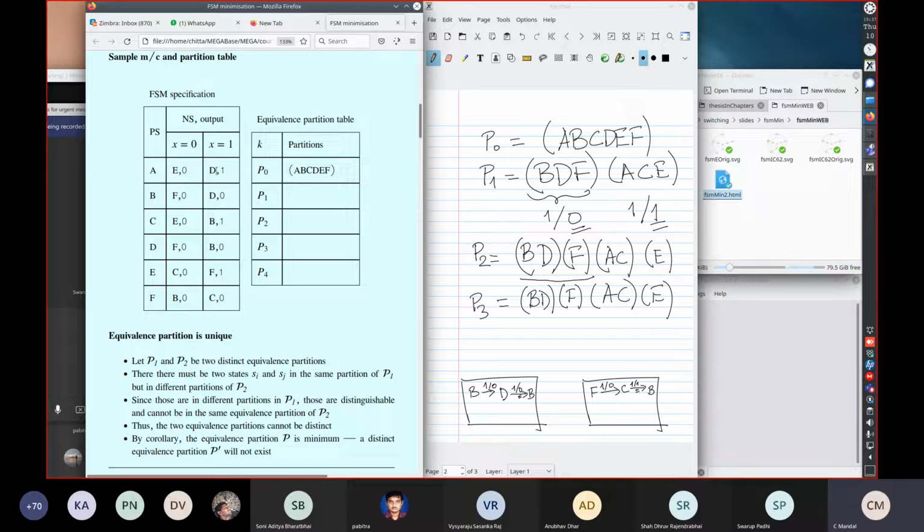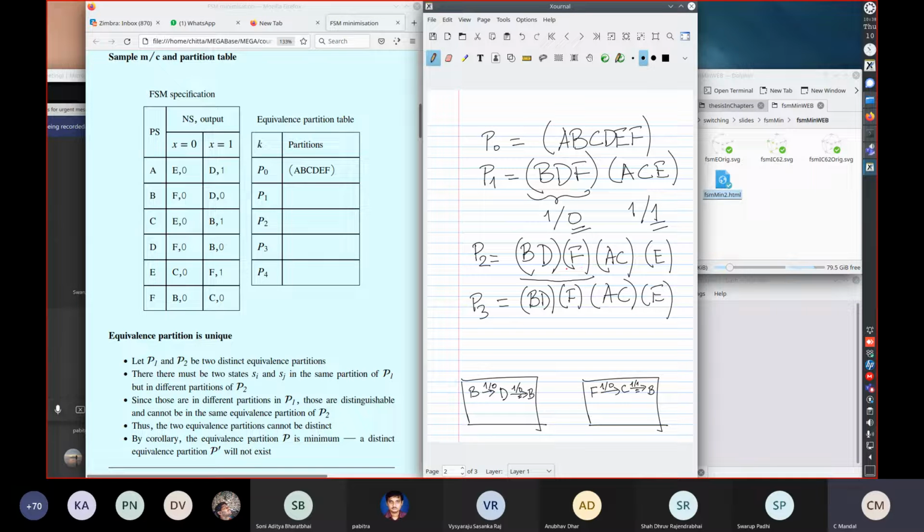On input 1, this goes to DB and E goes to F. Now F, I made use of this, but if I look at this, then actually let me just redo it a little differently.